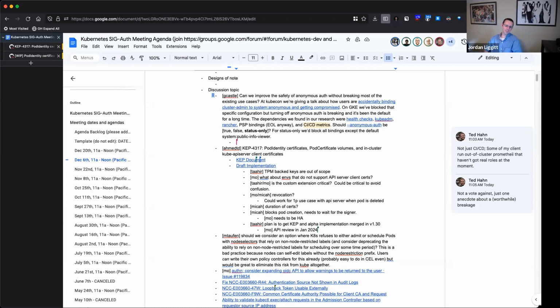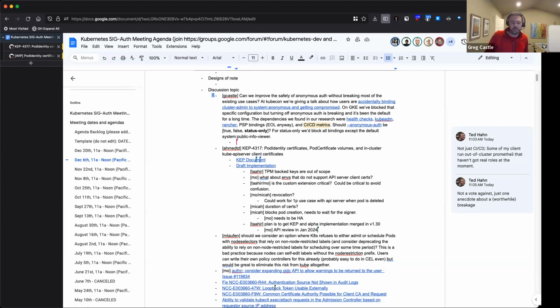And then the other one was CI/CD metrics that I saw. I imagine what's happening there is people have dashboards that they don't want to set up with authentication, and they just want to pull some metrics or see how many clusters they have. So they're binding some roles that look like they were CI/CD to anonymous.